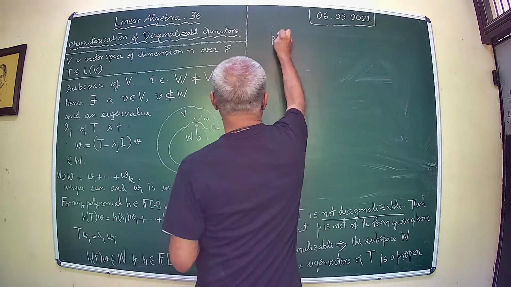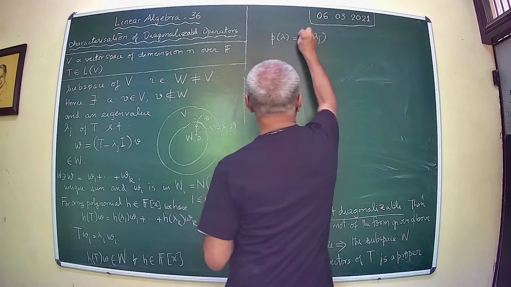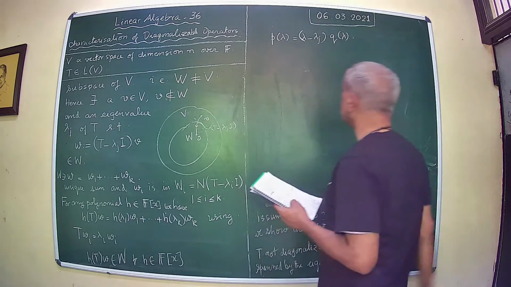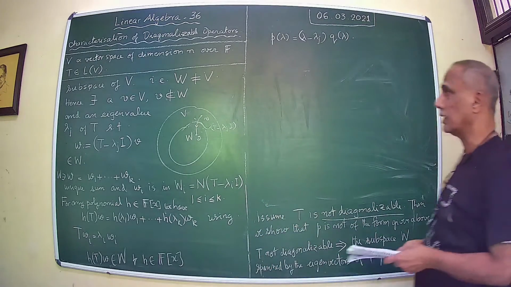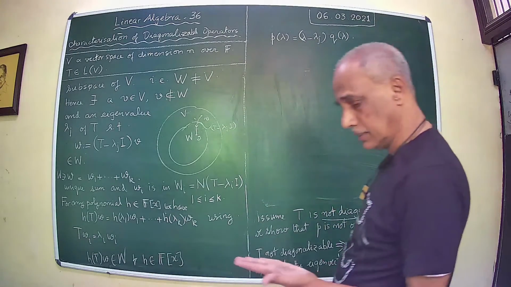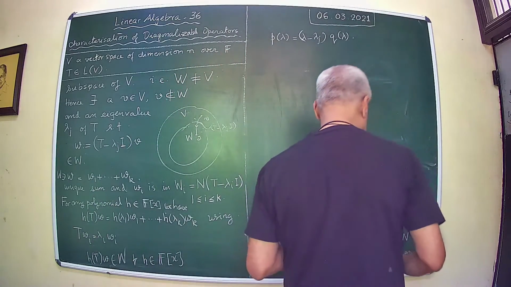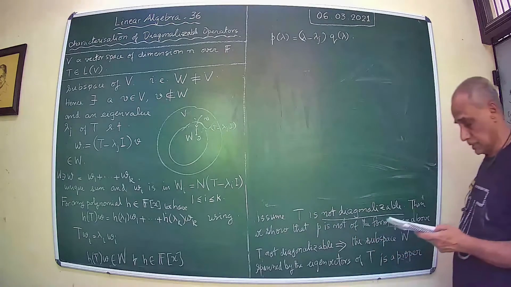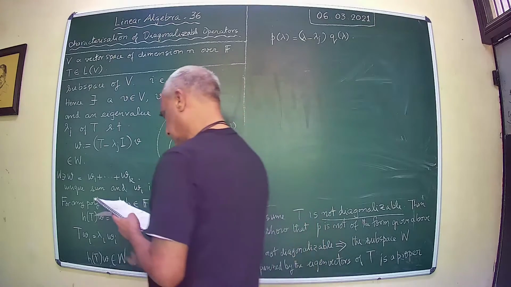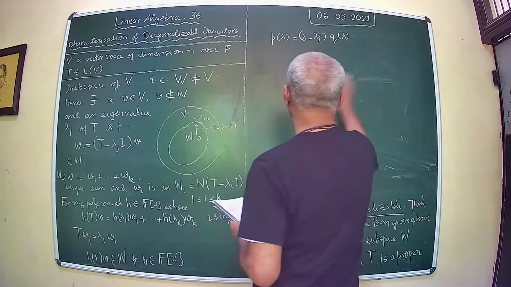So P lambda minus lambda j, that comes from its form, because we know that lambda j is a zero of that polynomial.